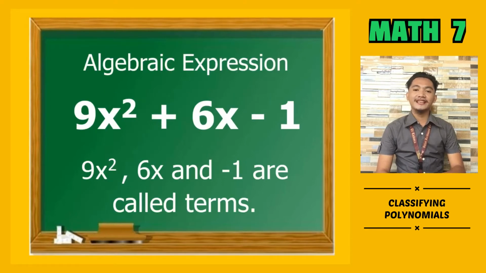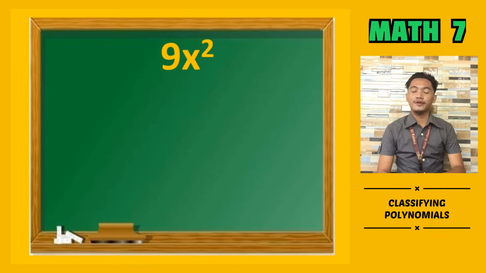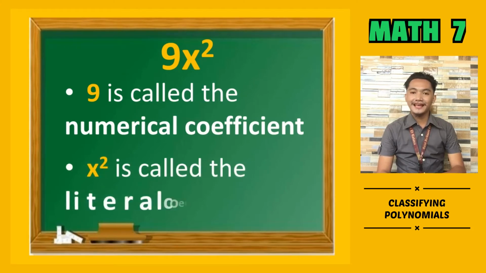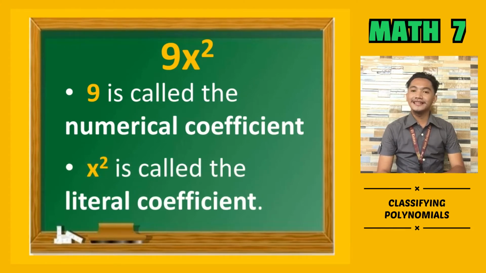In the algebraic expression that I gave to you earlier, we said that 9x squared, 6x, and negative 1 are called terms. Let's first look at 9x squared. In 9x squared, 9 is called the numerical coefficient, and x squared is called the literal coefficient.